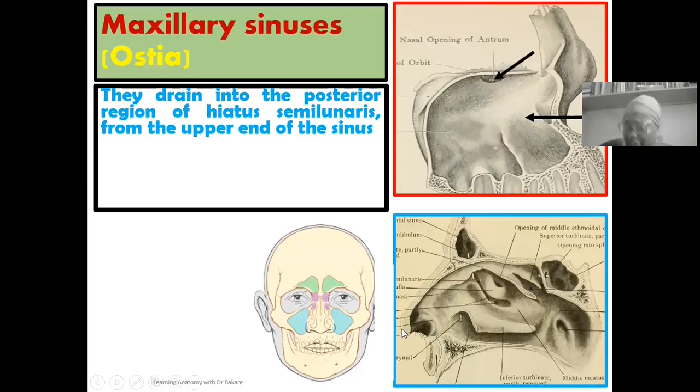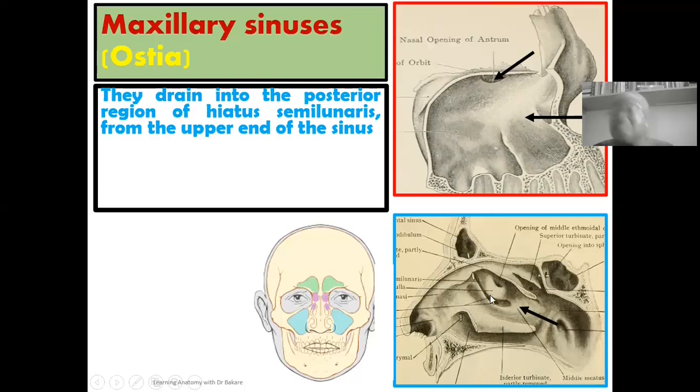So if you look at the configuration of this image here, we already stated that we have the middle meatus. This is the middle meatus. And within the middle meatus is where we have the opening of the maxillary sinus, because within the middle meatus, we have a number of transformations. We have the ethmoid bulla up here. Inferior to it, we have the hiatus semilunaris.